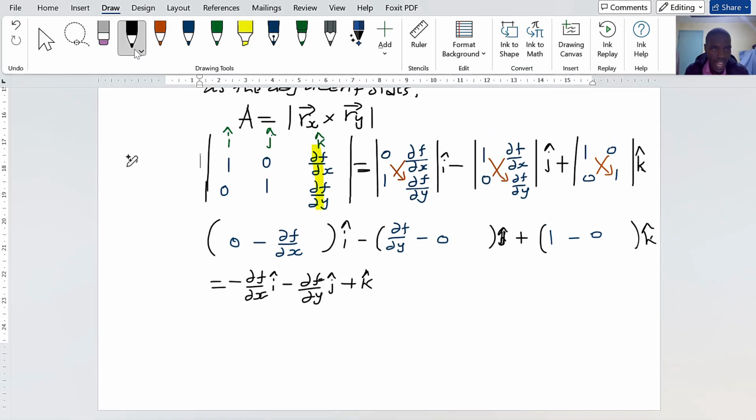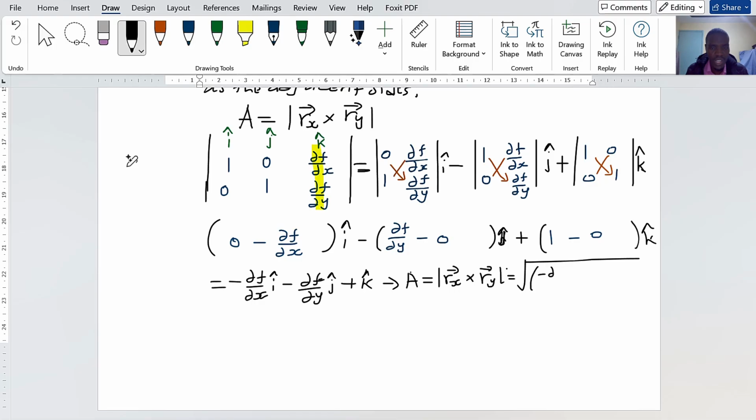Now, the area is equal to the magnitude. So area is equal to the magnitude of Rx cross Ry, which I've defined on top, and is simply the square root of the magnitude of Rx cross Ry, which is this.